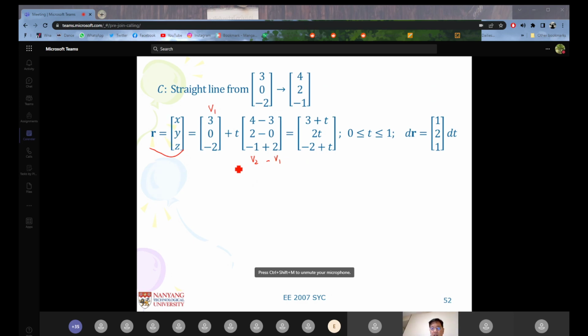And t, in this case, varies from 0 to 1. So simplify this, add this to this one here, I will get this vector. So clearly, instead of depending on x, y, z, it depends on t only now. So only one parameter. The next thing that you need to do is to differentiate this r with respect to t, right? Because I need to replace the dr by this vector.